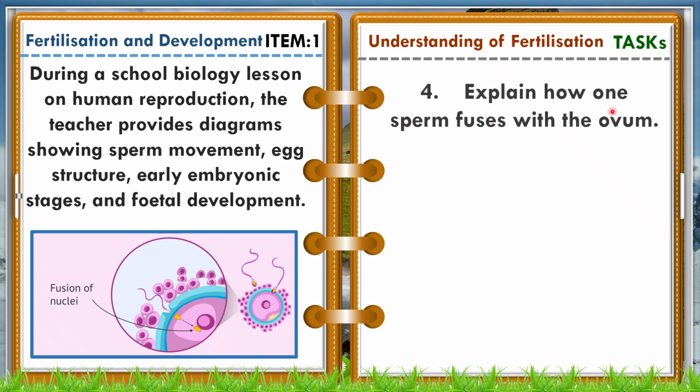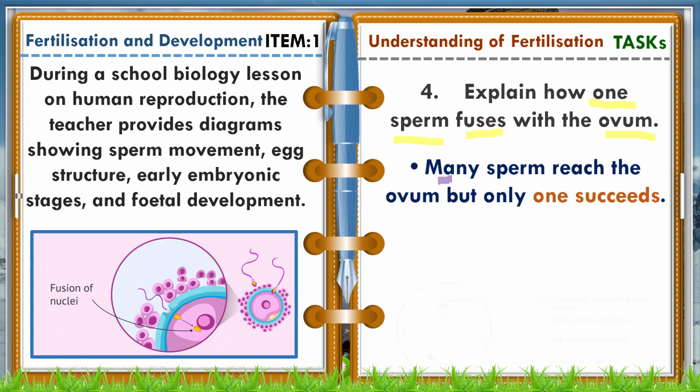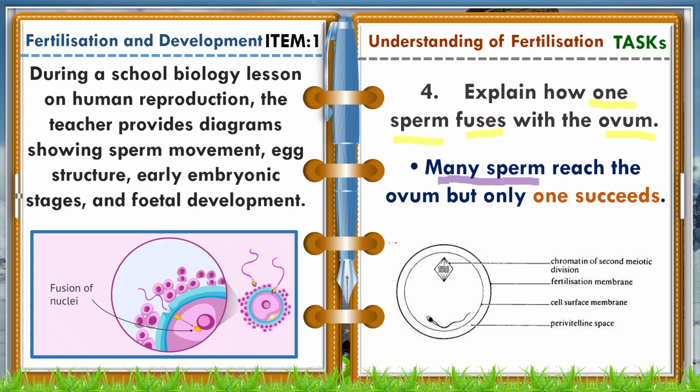Explain how one sperm fuses with the ovum. We say many sperm reach the ovum, but only one will succeed.